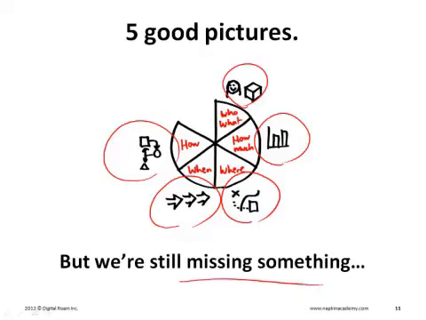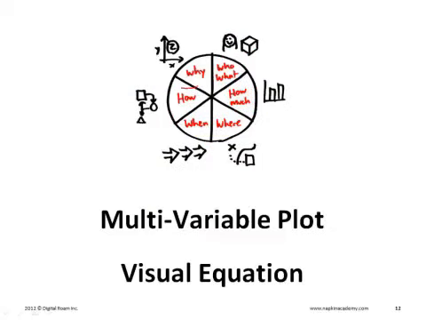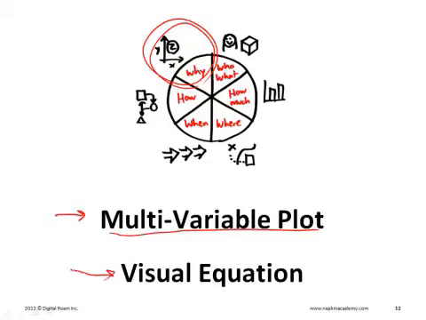We're still missing what Aesop would have called the moral of the story, and what we're going to call the why. What is the underlying rule that this story wants to tell us? There are 2 pictures that we're going to draw to give us the why. One is called the multivariable plot, and the second one is called the visual equation.